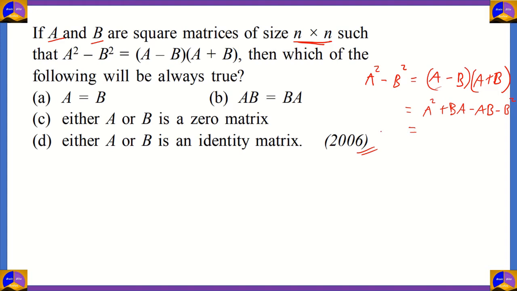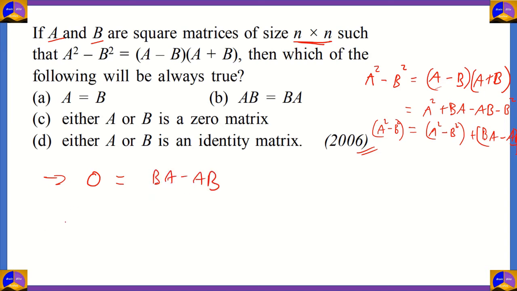So therefore you have A squared minus B squared on the left hand side equals A squared minus B squared plus BA minus AB on the right. So when you take A squared minus B squared to the left hand side, you will get 0, and then on the right hand side it is BA minus AB.